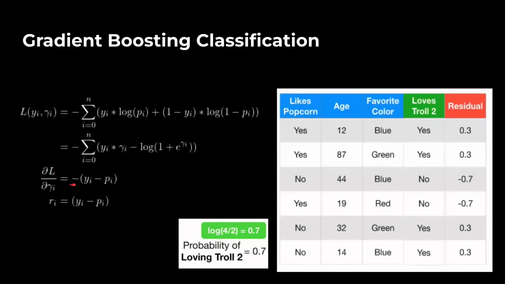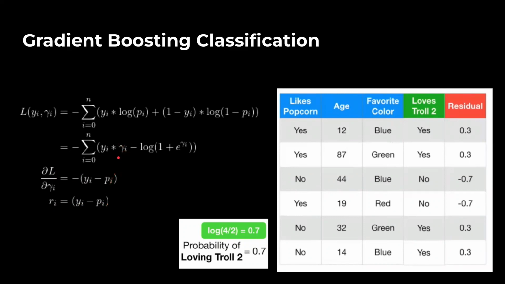But if you find a derivative and go through the calculus, you'll notice that the residual is the exact same as the one that we had previously for regression, where we have the expected yi minus the probability that we're predicting. And this is just like the transformed version of our gamma, which is the log odds that we're predicting.